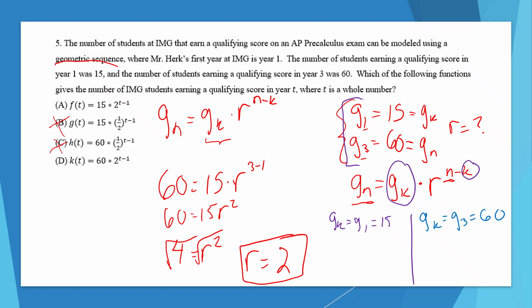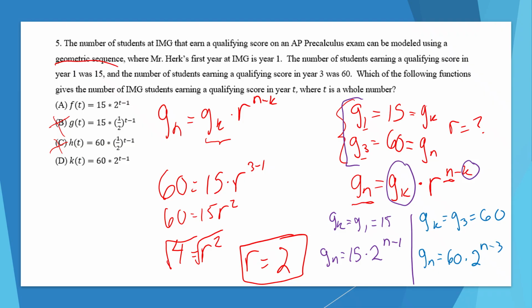The first one should be g of n equals 15 times 2 to the power of n minus 1. And the next equation, this blue one, should be g of n equals 60 times 2 to the power of n minus 3.